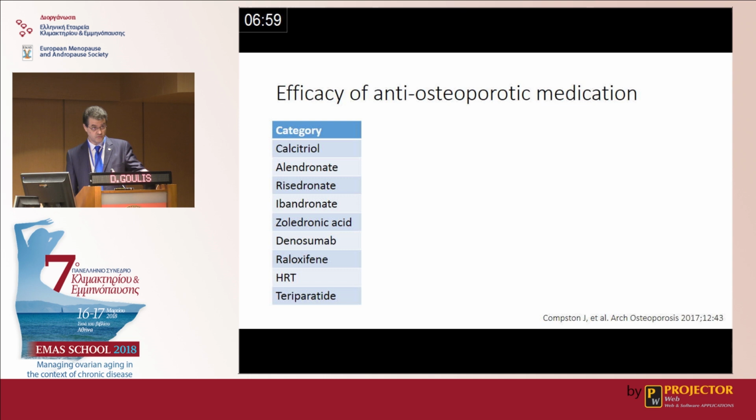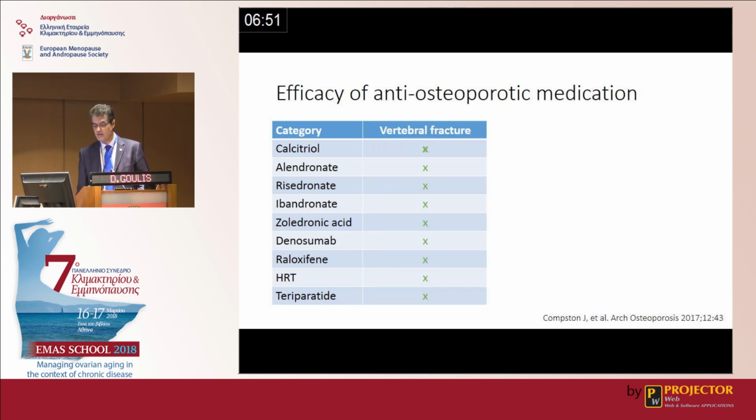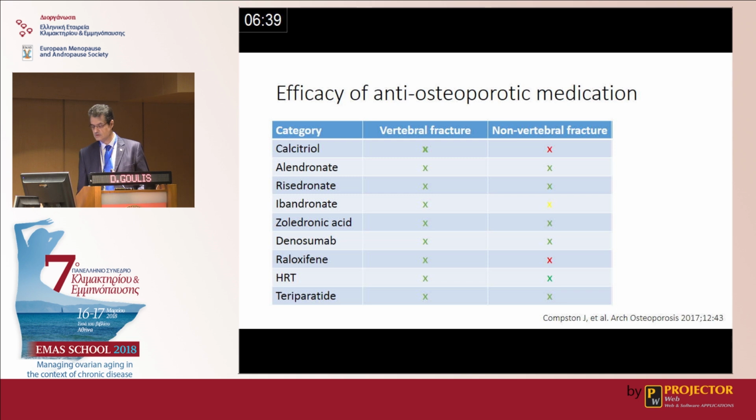What I'd like to know for every medication is its efficacy and its safety. So these are the medications we have discussed so far. And of course, all of them have established their efficacy on vertebral fracture, otherwise they would not be considered anti-osteoporotic medication. Nevertheless, this is not true for non-vertebral fracture.